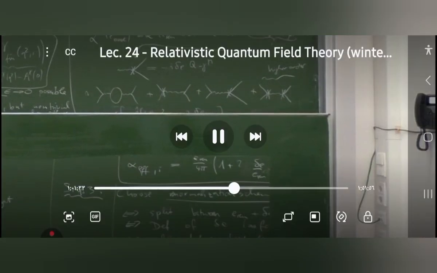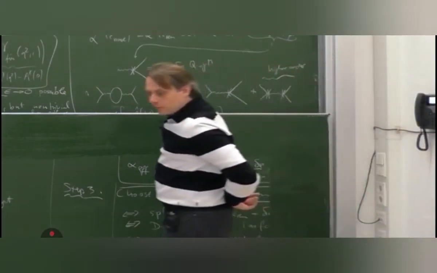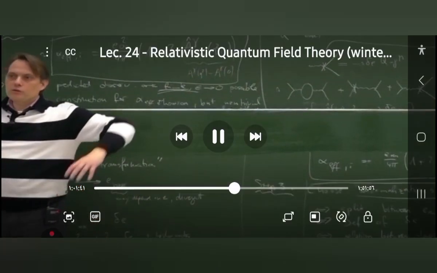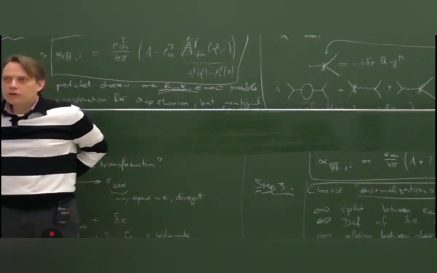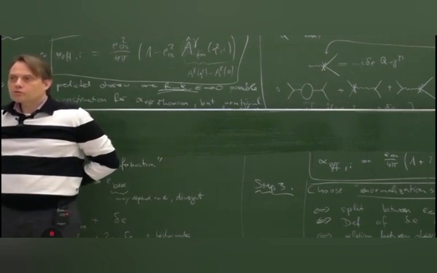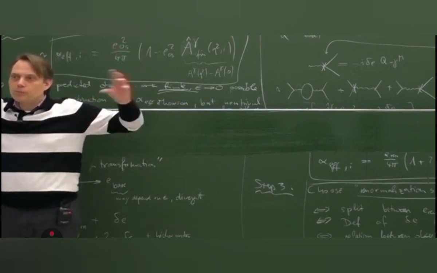No, doesn't seem obvious, but there is a deep physical reason behind it. And the deep physical reason is that the divergences come from the fact that the integrals, the loop integrals, go to k equal infinity, and the divergences come from the region where the loop momentum is infinitely large.